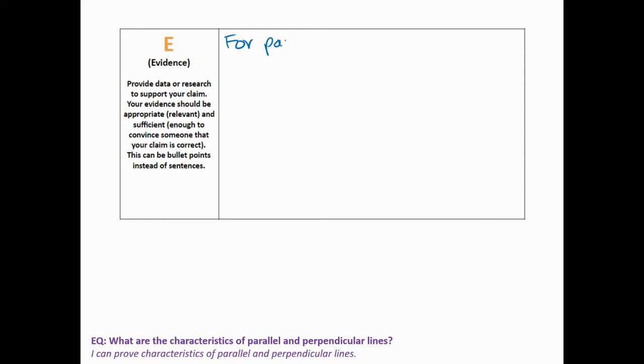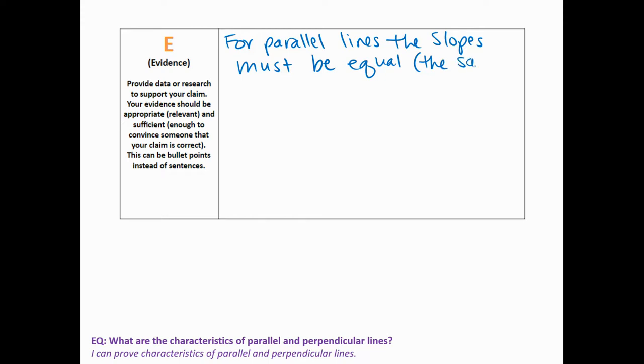For parallel lines, the slopes must be equal, or the same. So I'm going to say must be equal, but I'm going to make sure we know that means the same. Okay, so that's some information that we know that's really important. That's how we're going to prove this.